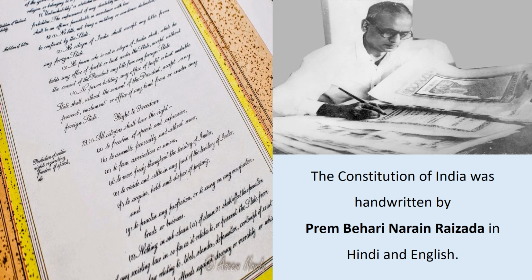Now class, this constitution was handwritten by Prem Bihari Narayan Raizada in Hindi and English. So, if you can see the picture, this man hand wrote the Constitution of India in both the languages, in Hindi as well as in English.